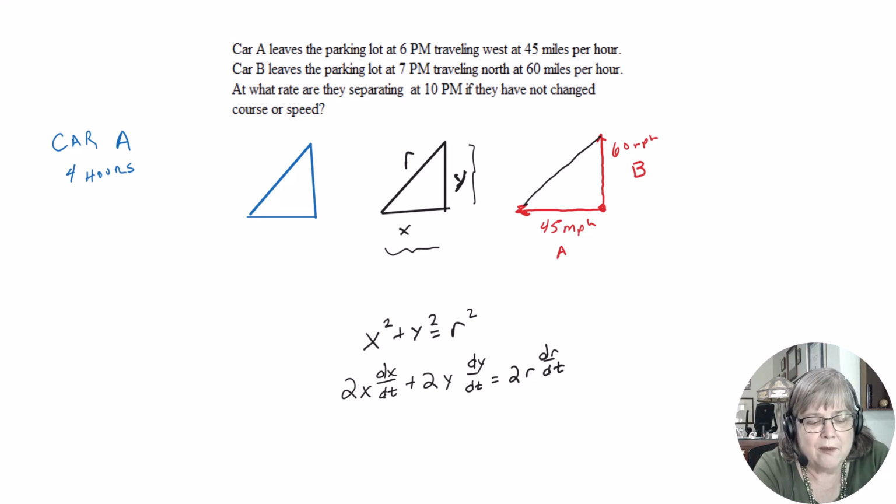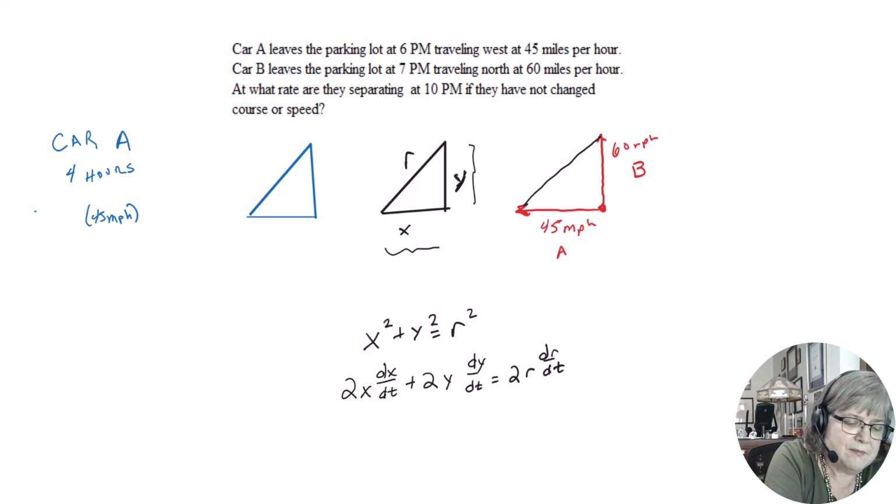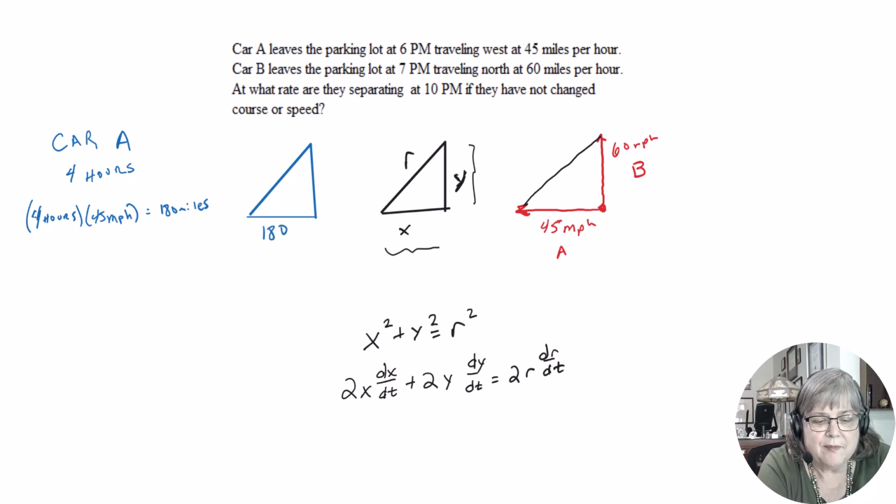So in 4 hours, how far would they have gone? Well, 4 hours, and A is traveling at 45 miles per hour, at that rate, then we would have 180 miles, right? Okay, so this distance is 180 miles.